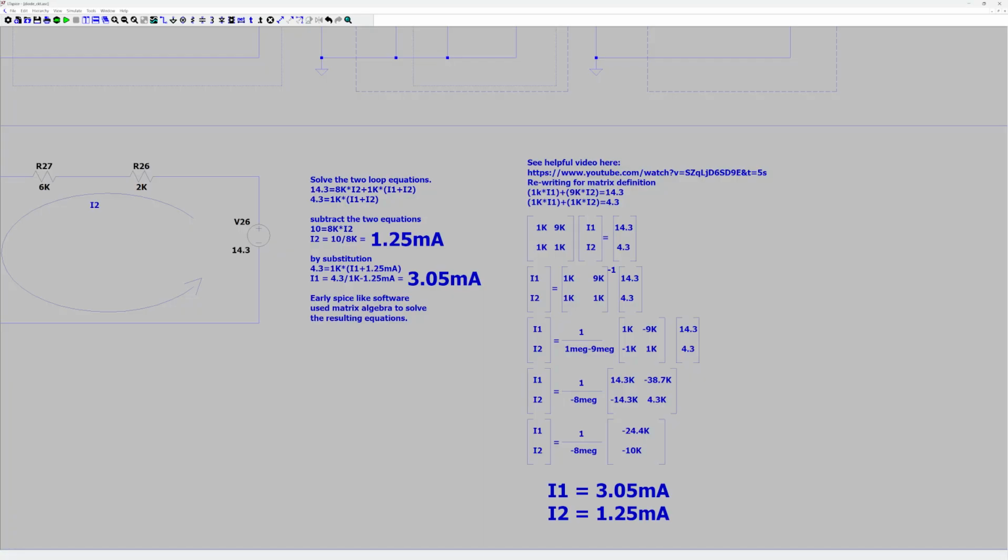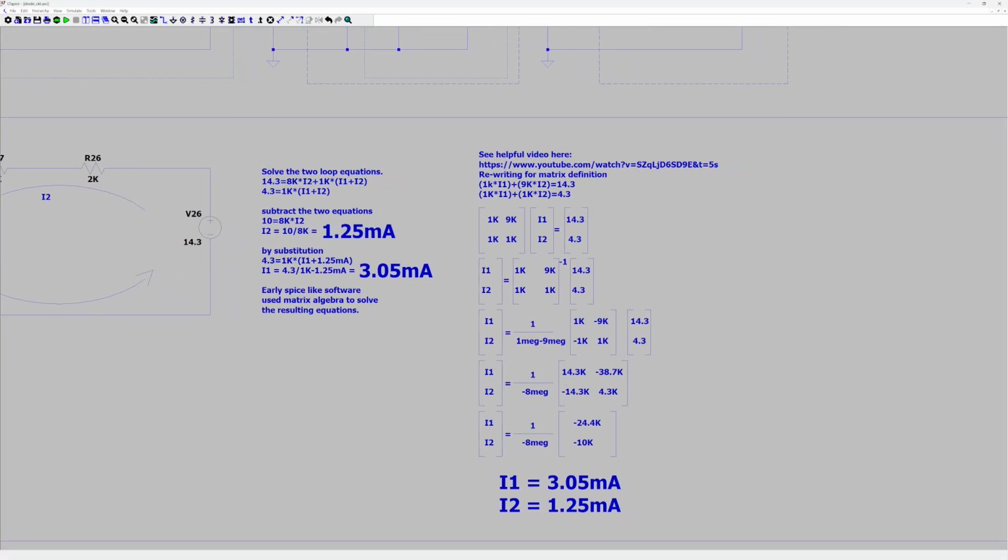And so here is how you would take these two equations and rearrange them like I did here and draw them in a matrix format. And you would solve this.